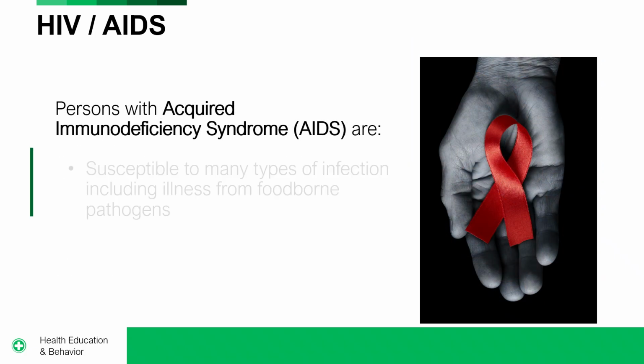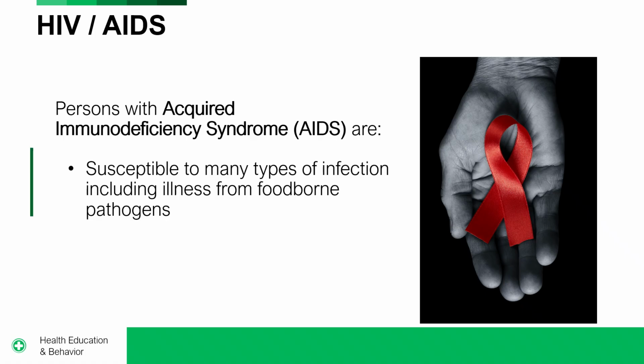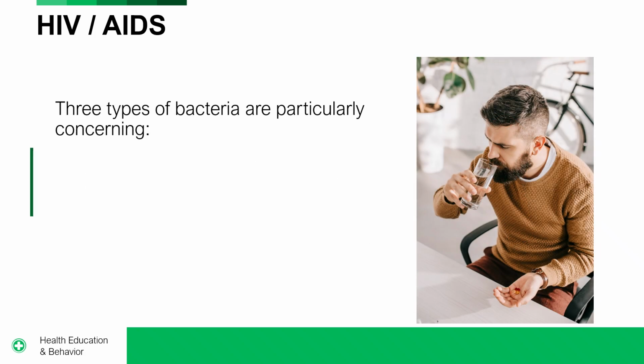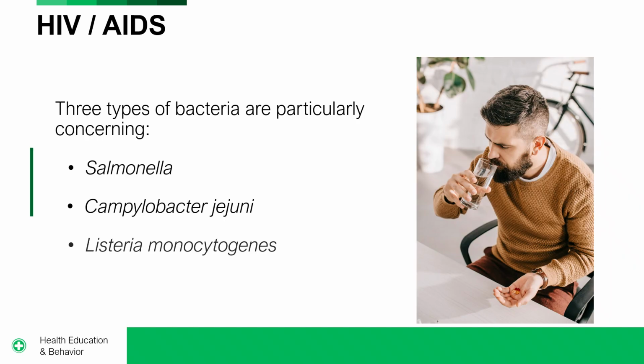Persons with AIDS are susceptible to many types of infection, including illnesses from foodborne pathogens, which puts them at high risk for severe illness or death. The three types of bacteria that are particularly concerning are Salmonella, Campylobacter jejuni, and Listeria monocytogenes.